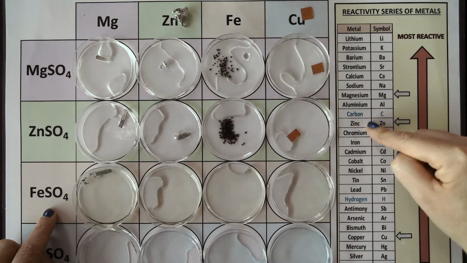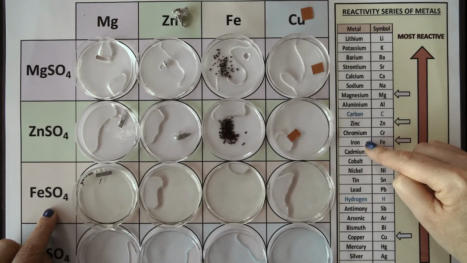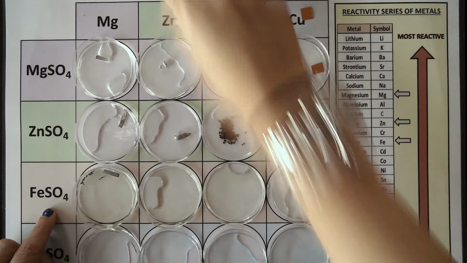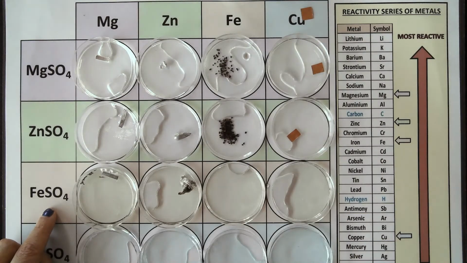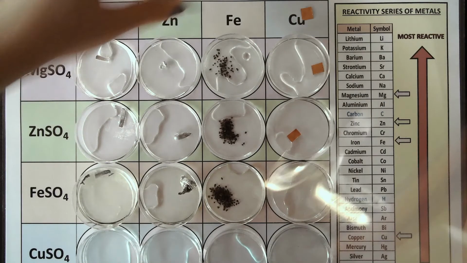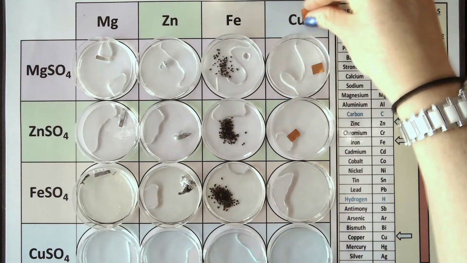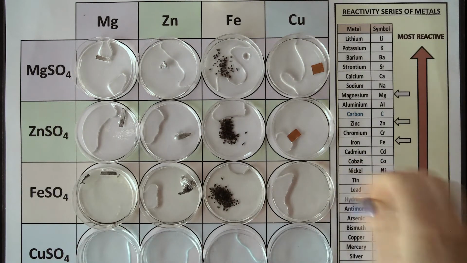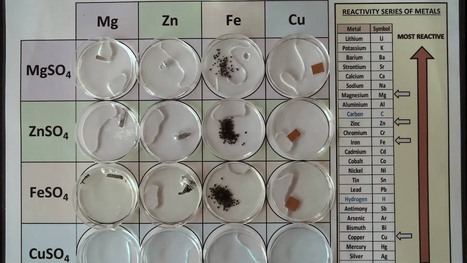So zinc is higher than the iron, so I would expect there to be a reaction. Might be a little bit slower, so let's move on. So we've got iron plus iron, they're both the same, so nothing will happen. And copper is not more reactive than iron, so again we would expect nothing to happen.